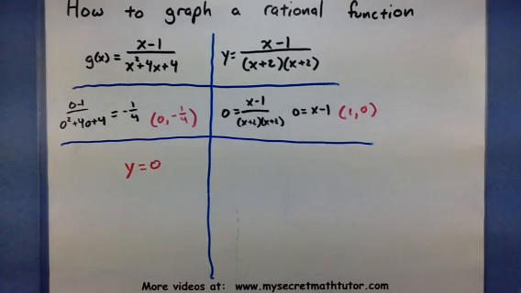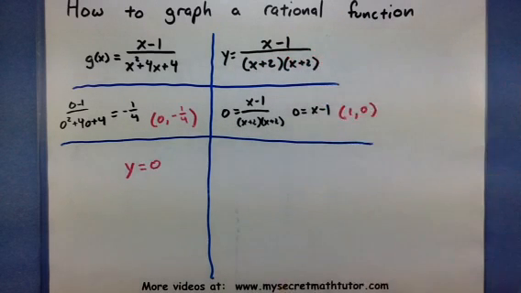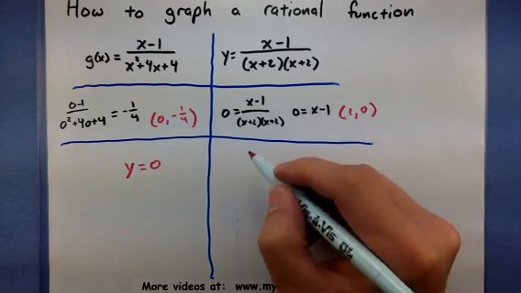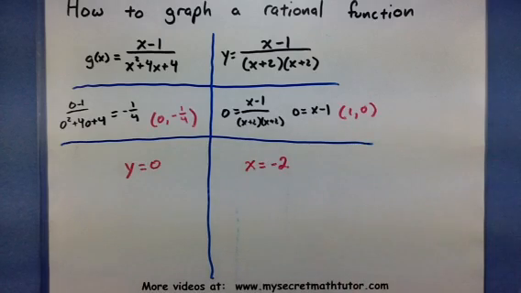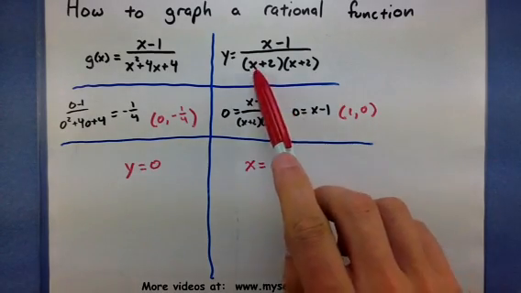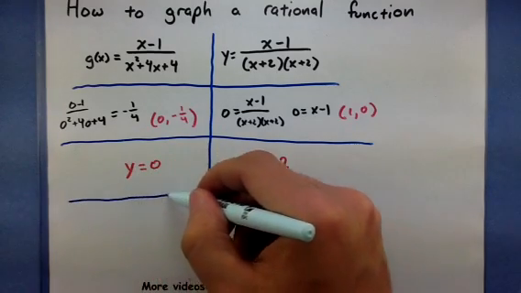The vertical ones come from a great spot. Look at the bottom of this rational function and figure out where the bottom is equal to 0. It's equal to 0 when x is equal to a negative 2. And even though there's two factors, they're both at negative 2. That's a lot of information right there.